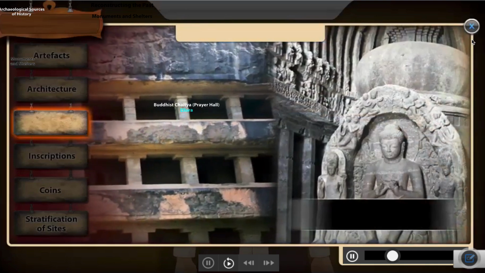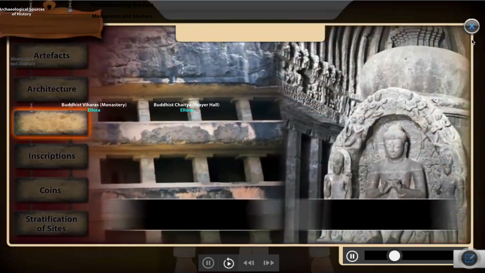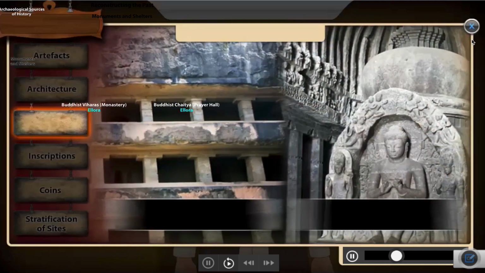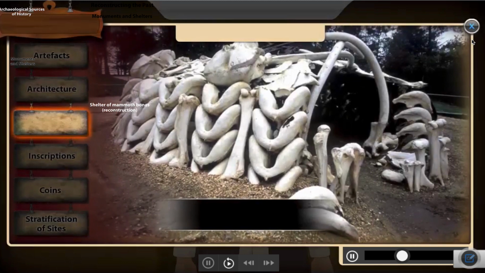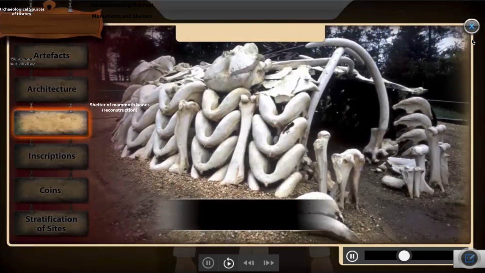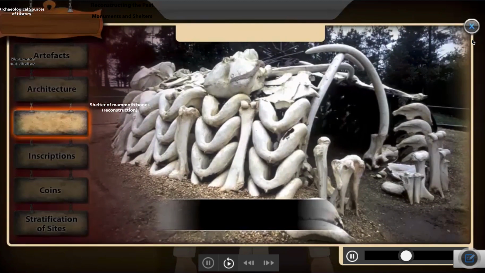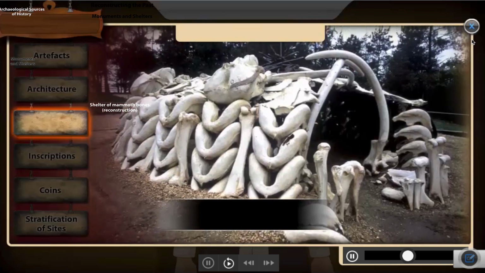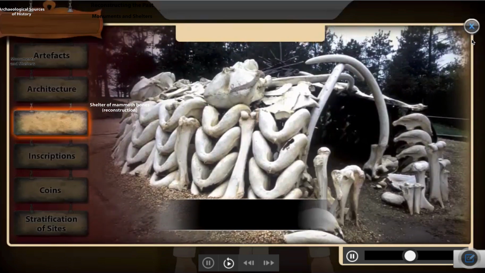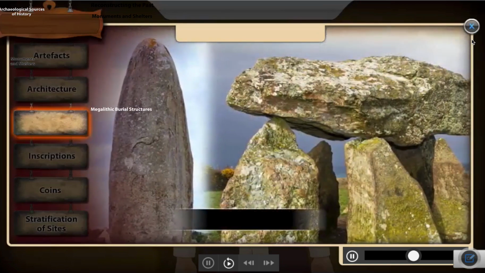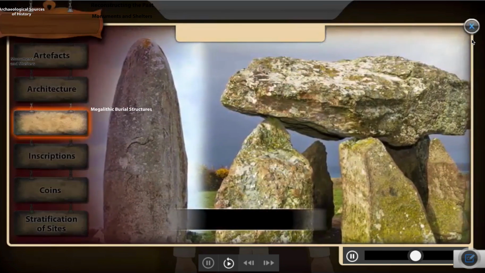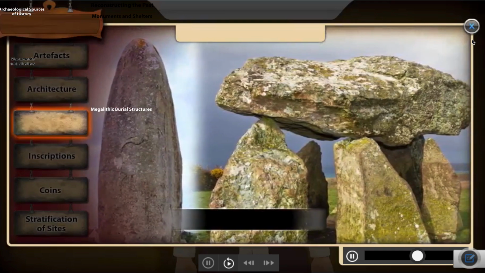Monuments such as chaityas or prayer halls and viharas or monasteries highlight the religious aspect of Buddhism. The shelters made by early man using wood, hides and bones of large animals give us basic information on the life of the early man. The megaliths found at burial sites reflect the knowledge and the religious beliefs of the early man.